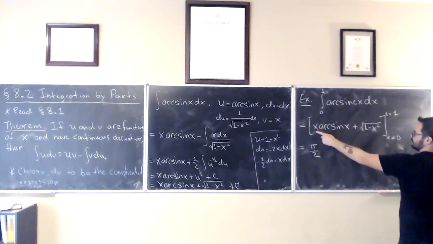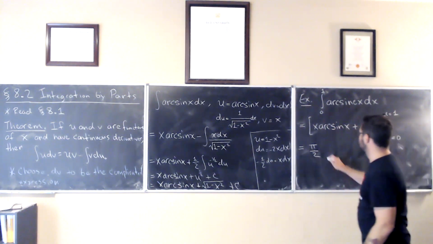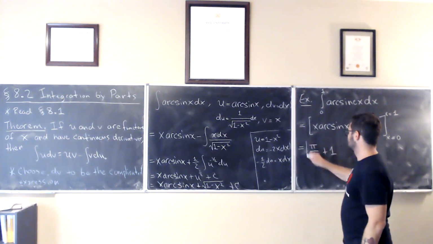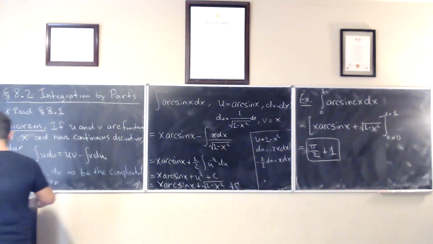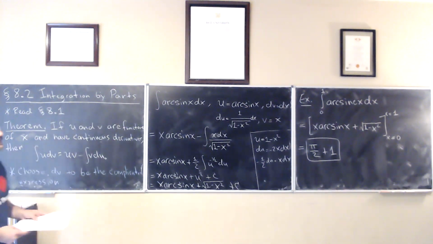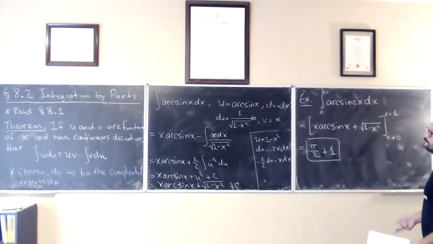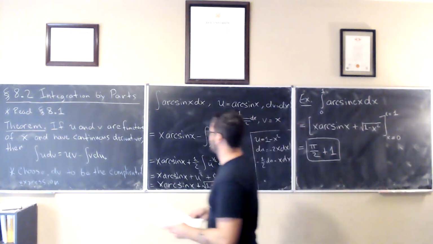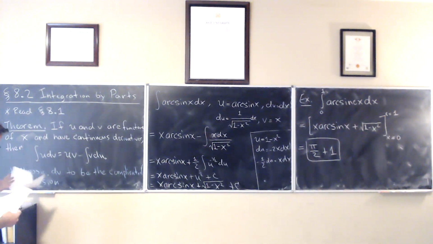And then 0 here times that goes away. But then 0 here, the root 1, so yeah. Pi over 2 plus 1. Okay, so that would be an application of integration by parts for a single function, which again, you can still do.